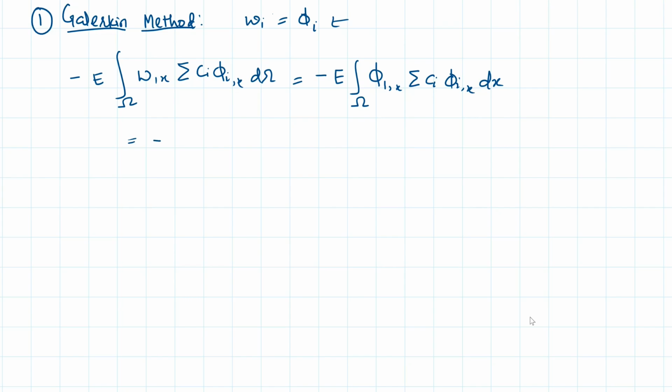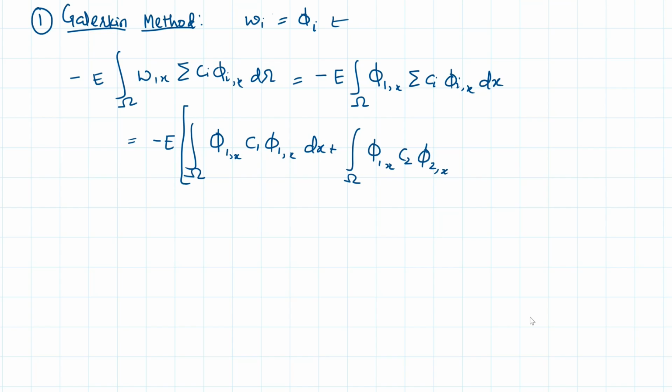Then I'm going to expand this for simplicity: the integration over the domain of phi1(x) times c1 times phi1(x) dx, plus the integration of phi1(x) times c2 times phi2(x), and all the way up to phi1(x) times cn times phi(n)(x) dx.